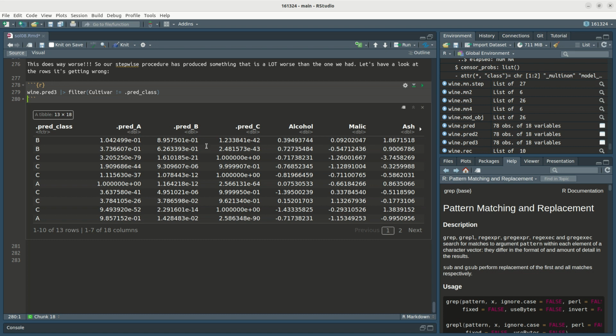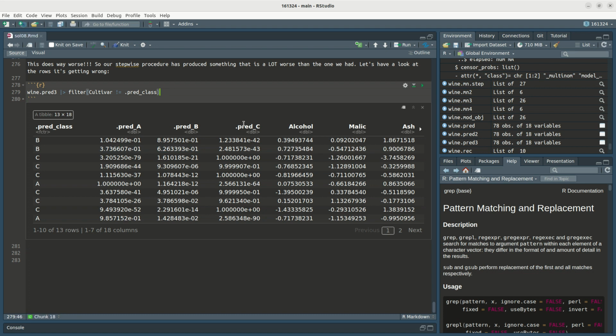Yeah, so some of these we're quite confident. So some of these we're predicting at C with 100% confidence. But some of them were less confident, so 90% confident, and this one here not very confident at all. But most of them were actually pretty confident, right? So it's confidently getting things wrong.